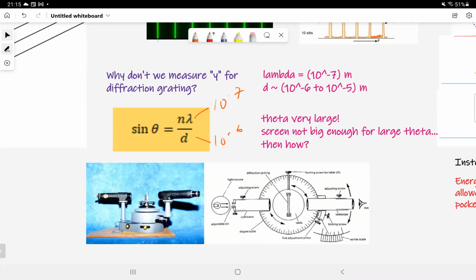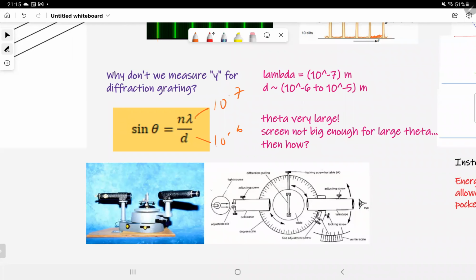For a normal grating, the spacing is like 10 to the power of minus 5, 10 to the power of minus 6 meters. So we do not use a flat screen to draw the rays anymore, or the position of the bright fringe. Instead, we either use a curved screen, or in experiment we use a telescope on a spectrometer.